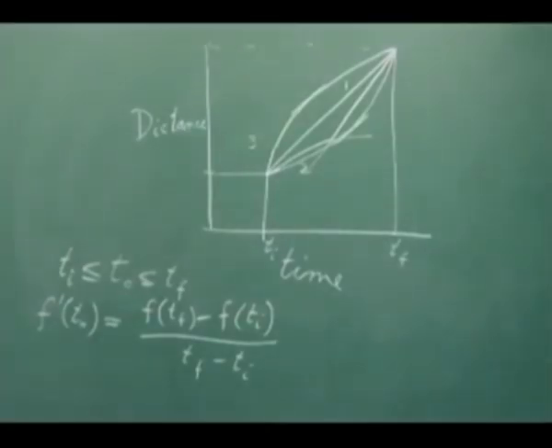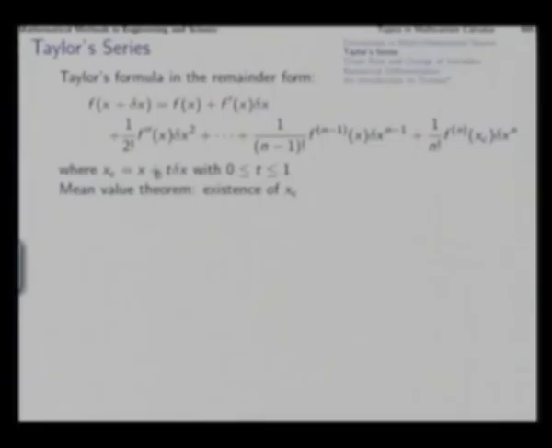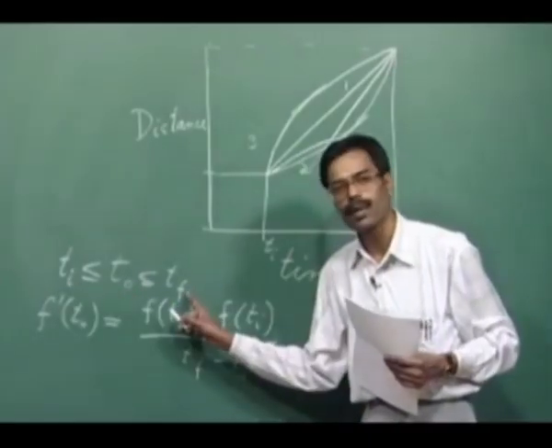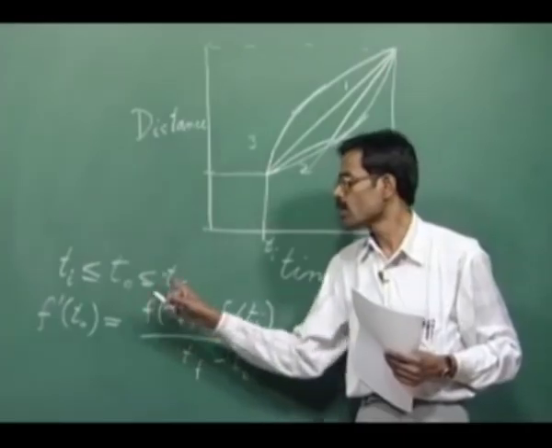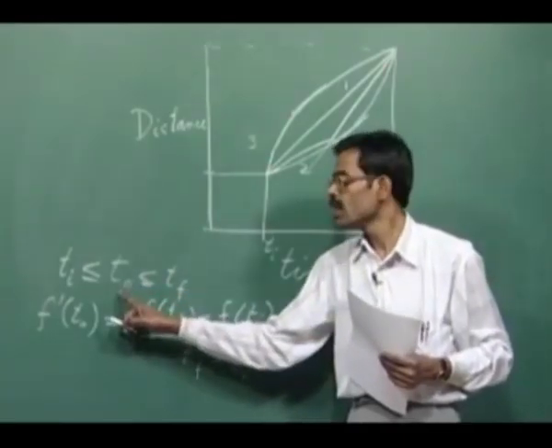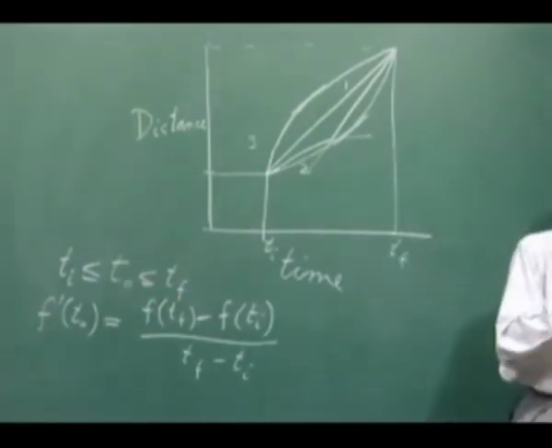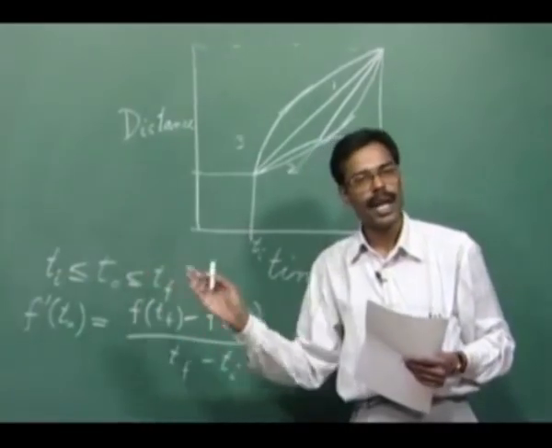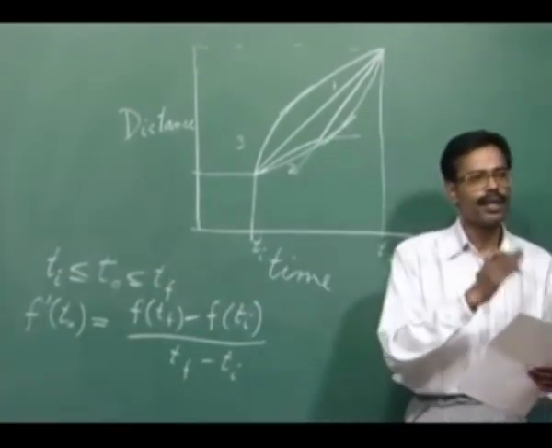Okay. So, here the way we have written that t0 is some value between ti and tf, we could have said that t0 is equal to ti plus some parameter times (tf minus ti), it would be the same thing, and that parameter can be between 0 and 1.